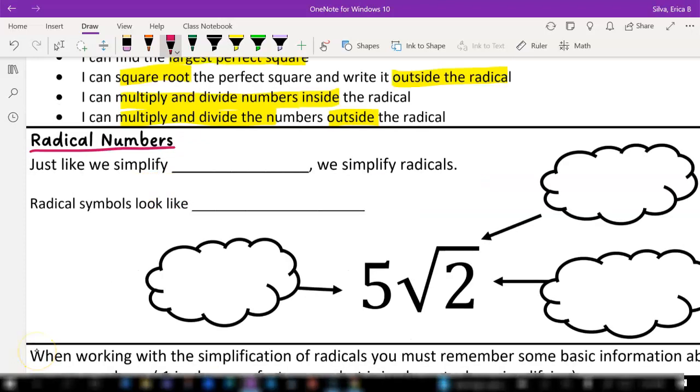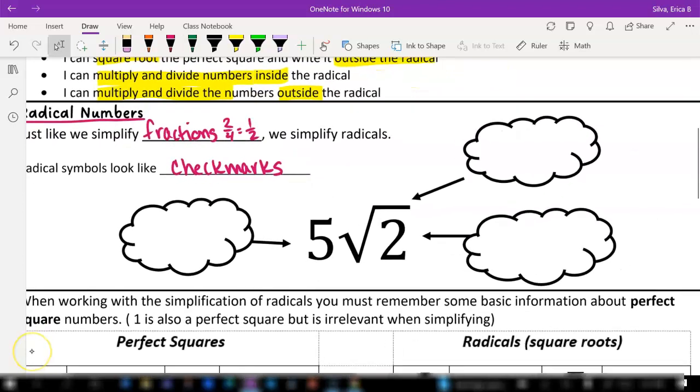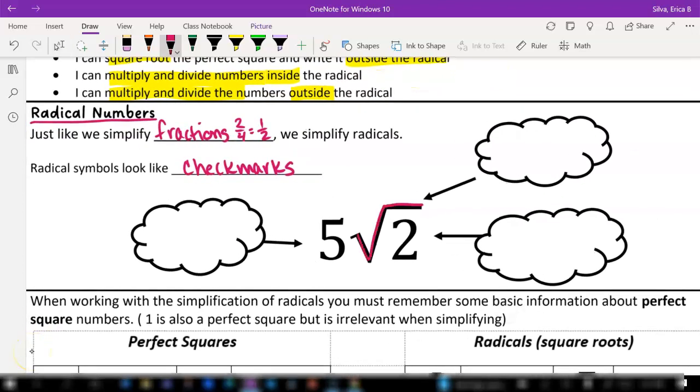Let's talk about radical numbers. Just like we simplify fractions, we simplify radicals. So for instance, if we had 2 divided by 4, we would simplify that to 1/2. Radical symbols look like this. You see this is my radical symbol, it looks like a check mark.